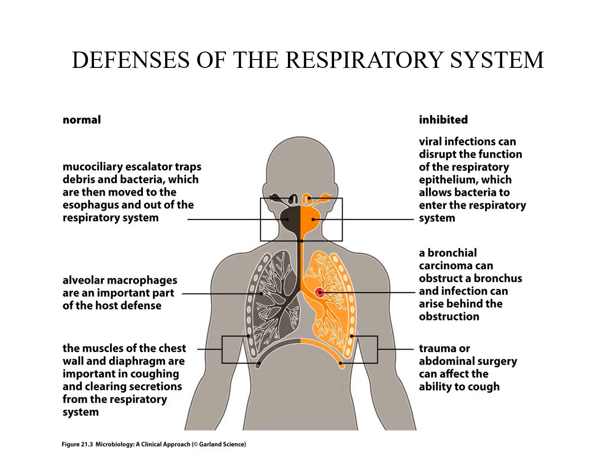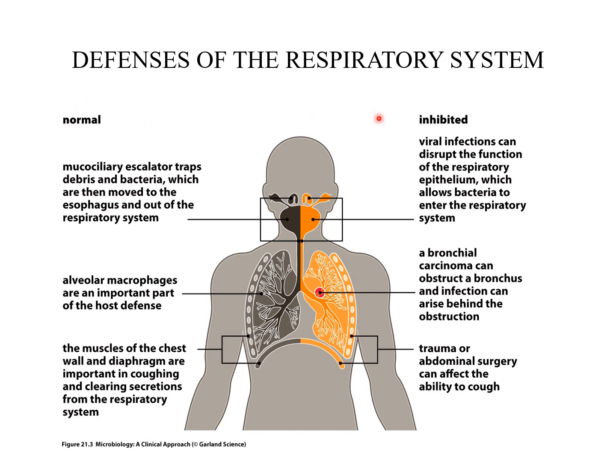Once again, the mucociliary escalator can trap debris and bacteria and get it out of the respiratory system. We also have the muscles of the chest wall and the diaphragm, which can generate cough, which can lead to clearing of the secretions from the upper respiratory tract.